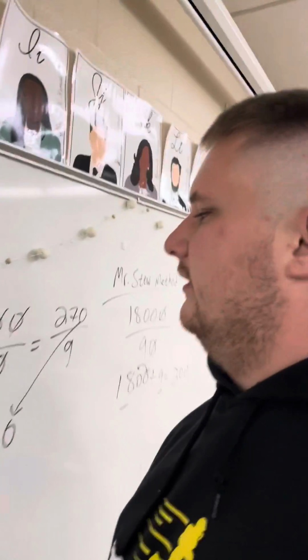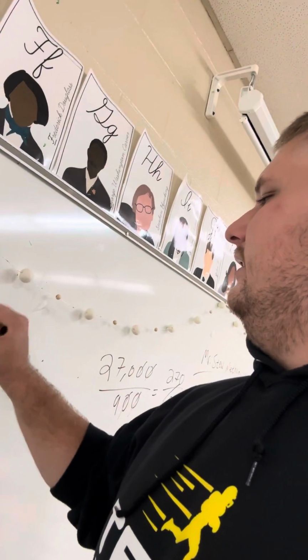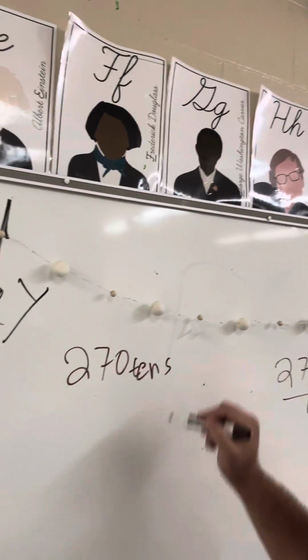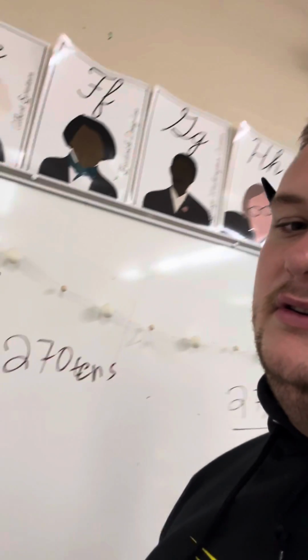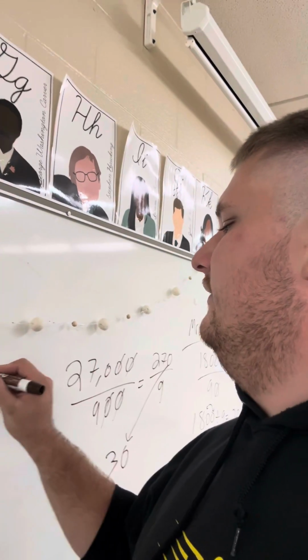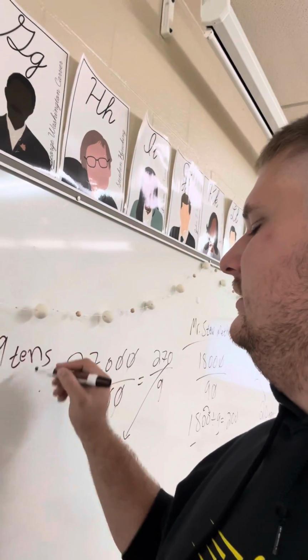Now let's do the book method. We know that 27,000 has 2,700 tens. I know this is backwards, but we're going to roll with the punches. 2,700 tens compared to 9 tens, that's 90.